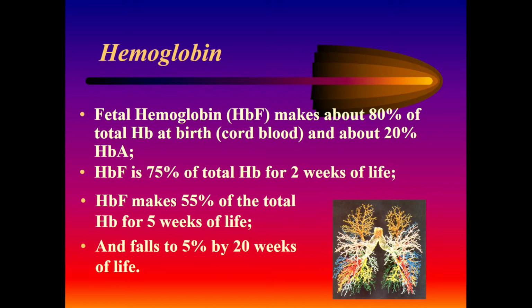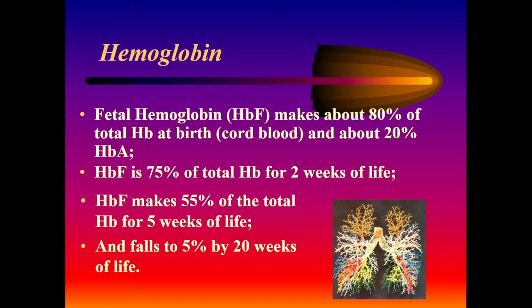Hemoglobin: fetal hemoglobin F makes up about 80% of total hemoglobin at birth, especially in cord blood, and about 20% is hemoglobin A, as in adults. Hemoglobin F is 75% of total hemoglobin for the first 2 weeks of life.